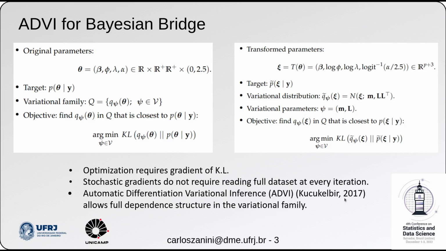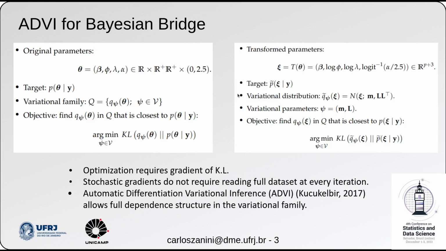The general objective of variational inference in Bayesian models is to find the member in a pre-specified family of variational distributions Q that is the closest to the target posterior distribution P of theta given y in terms of the KL divergence.